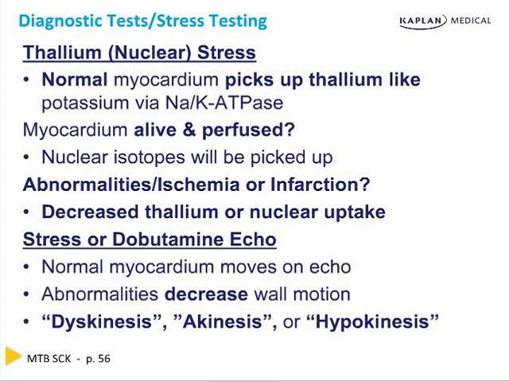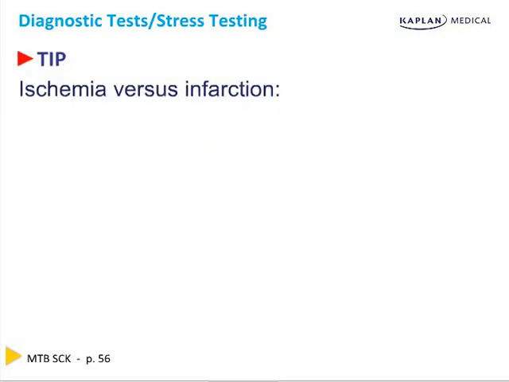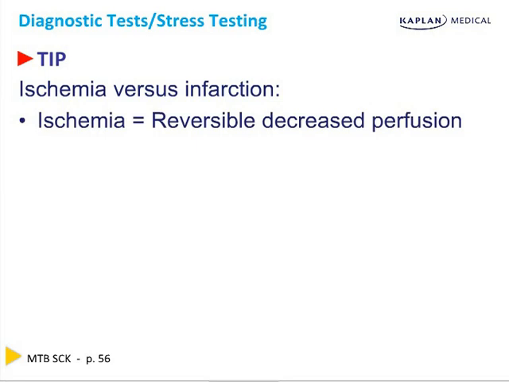So a dobutamine echo will show decreased wall motion as a sign of ischemia. If it is ischemia only, on rest, it will start to move again later on after using the drug. The point about ischemia versus infarction on a stress test is critically important: you must understand that ischemia is reversible.